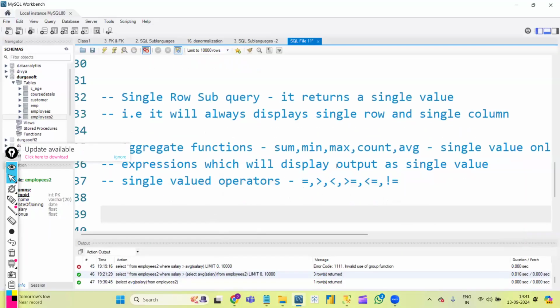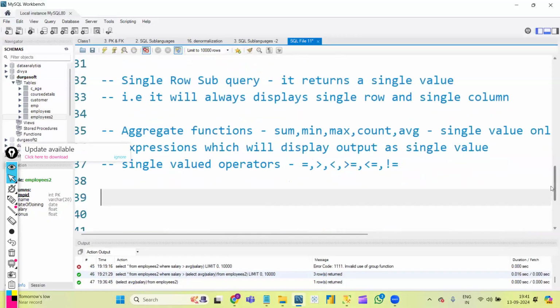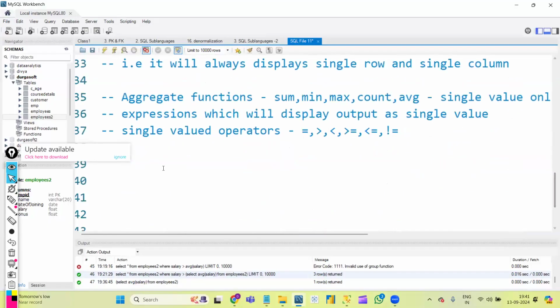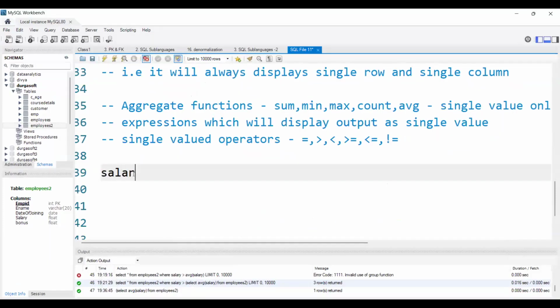Whenever we are comparing any statement with equals to, suppose I wrote the same thing here. Suppose I give some value here. If I say select star from employees where salary greater than some value.